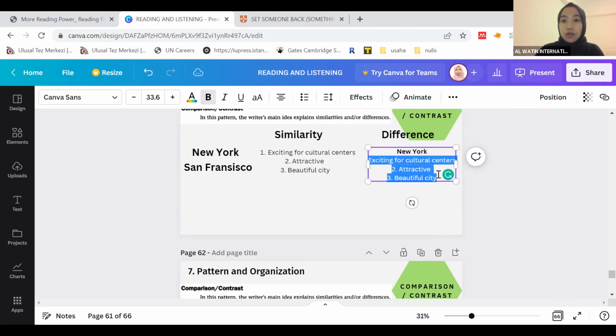For New York, what are the differences? Oh, someone is in my way home on the train, that's why I'm losing connection. Okay, it's okay. Yes, I was guessing Sadil was on the train.